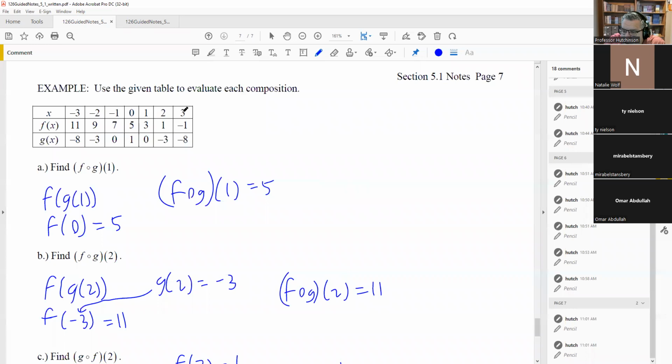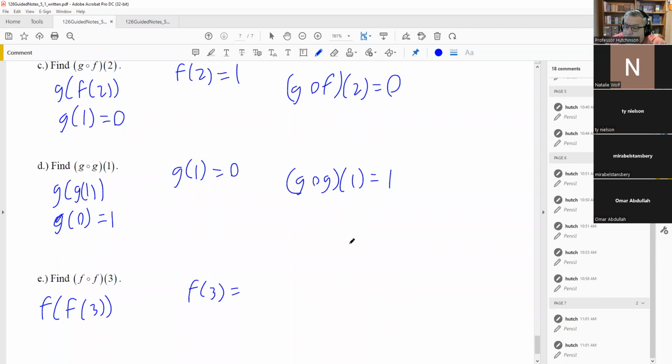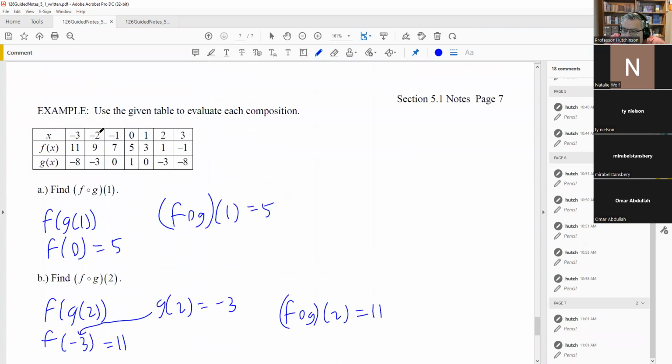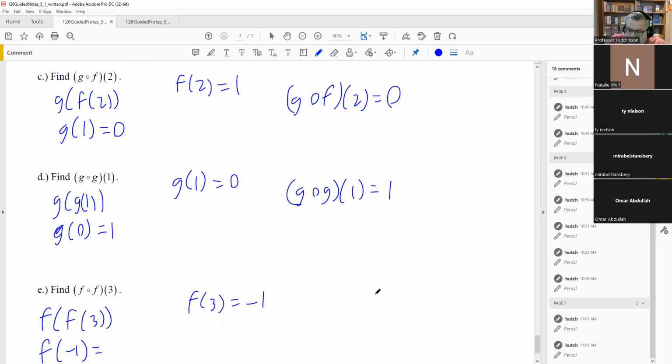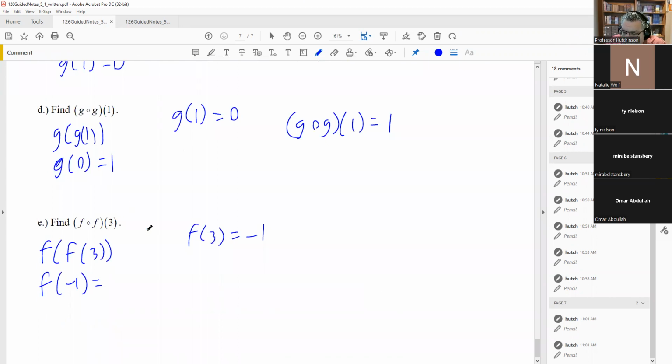We go to 3, go down to f, and we get -1. f of 3 equals -1. So now we come back to here, put -1 in there for f. -1 right here. We go down the f row, and it's 7. So f of f of 3 is equal to 7.